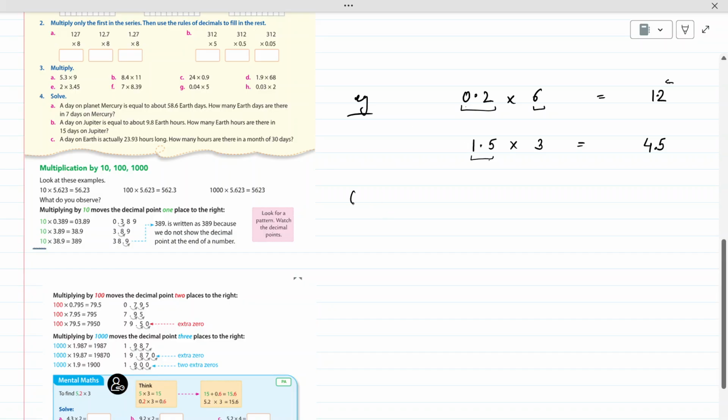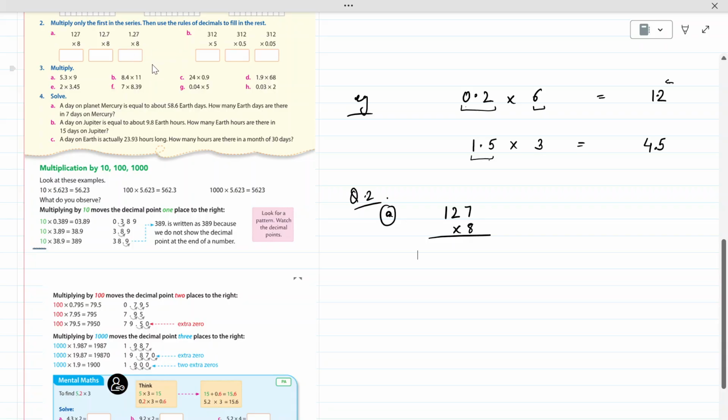And here we have question number 2, which says A part is to multiply 127 with 8 first, and then in the next subsequent parts we have 12.7 into 8 and then 1.27 into 8. So we have to multiply only the first in the series. The next we can get using the rules. And what is the rule?